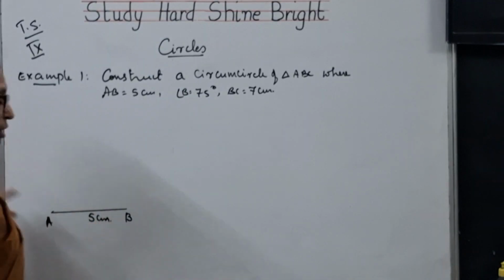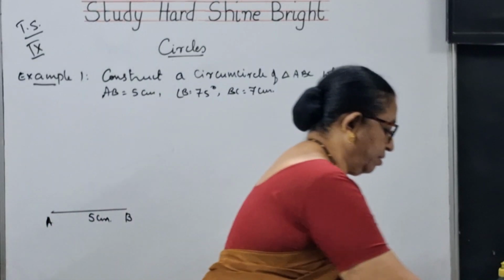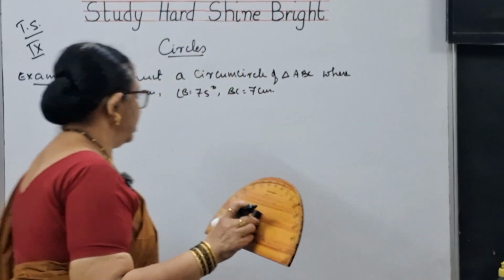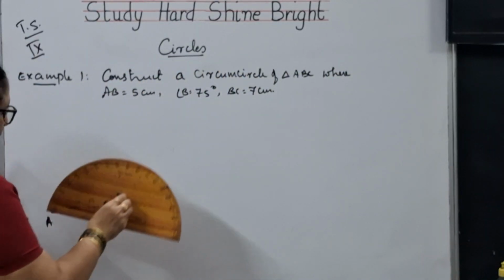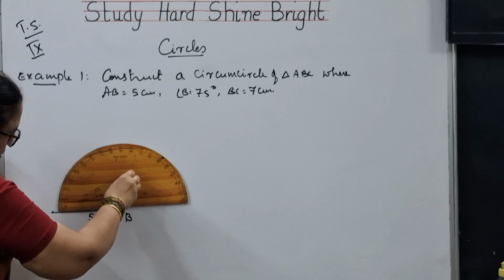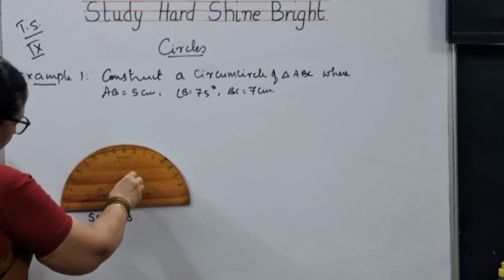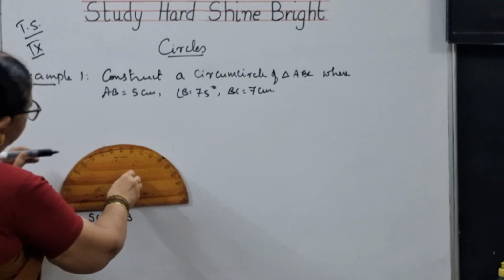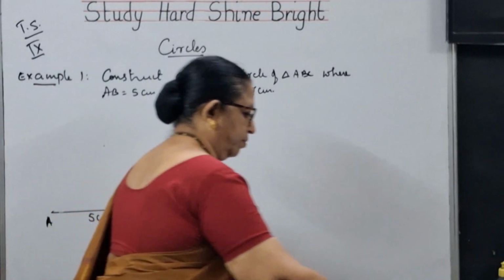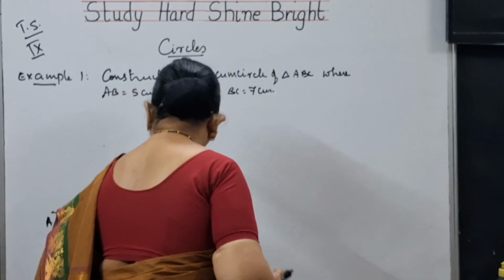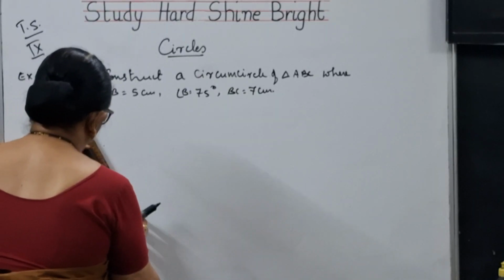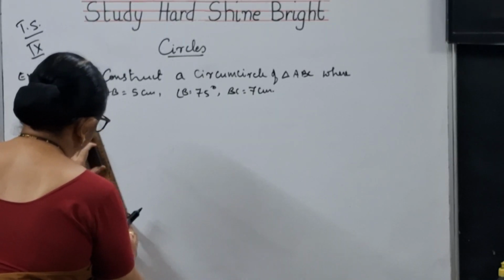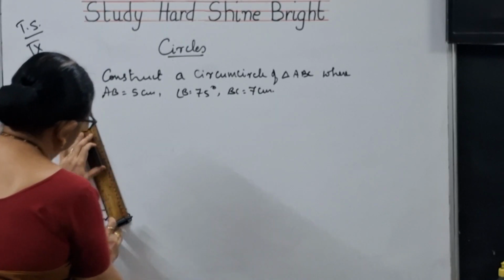Then angle B 75 degrees, by using the protractor, keeping the protractor's 0 here, 75 degrees. So from here this is 70, 75. You have to draw the BX ray.